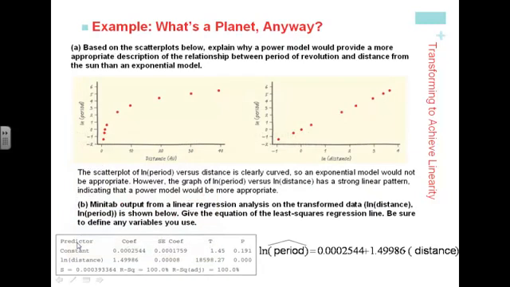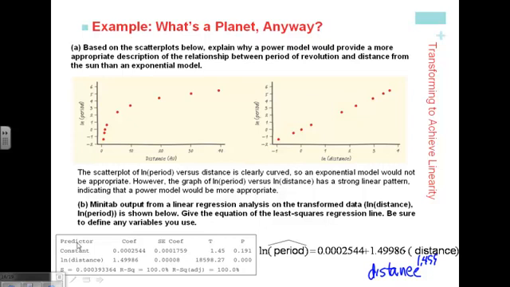I think the biggest point is that the real relationship is distance to the power of 1.499, or if mathematics is supposed to work out really nicely, it's probably supposed to be 1.5, or distance to the 3/2 power. That's the power that's going to describe the relationship between those variables.